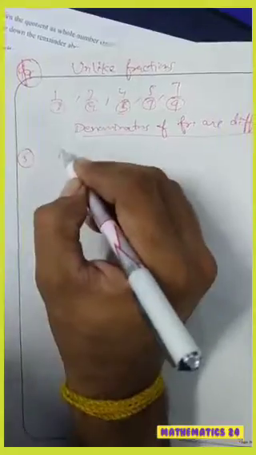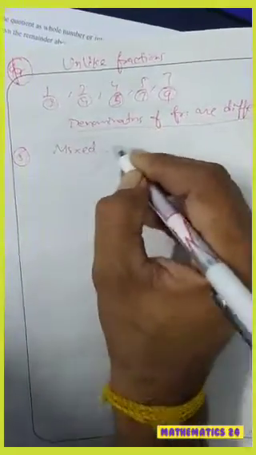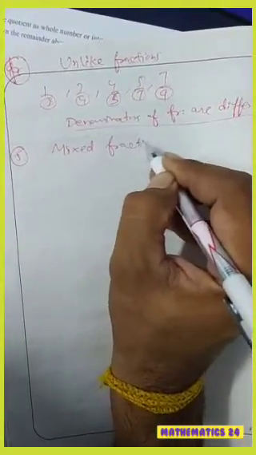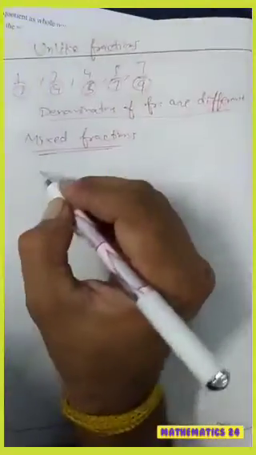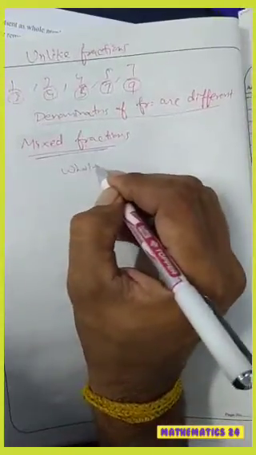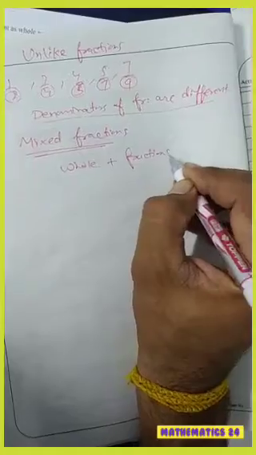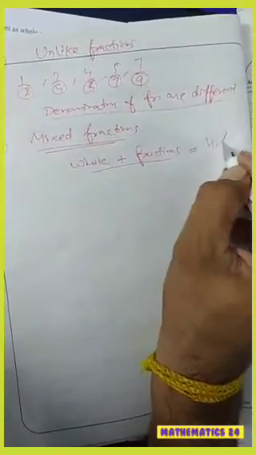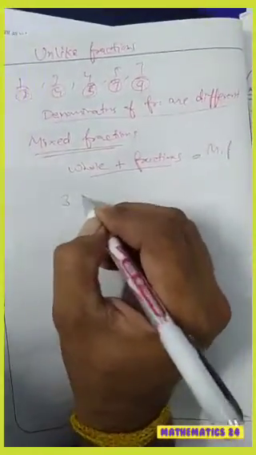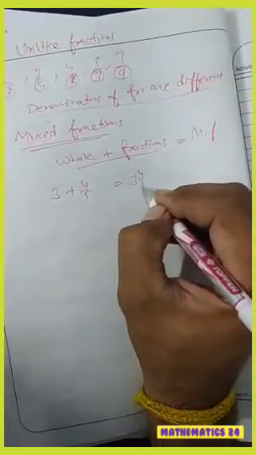The next is mixed fractions. When any whole number is added with a fraction, we get a mixed fraction. For example 3 plus 4 by 5, you will get 3 and 4 by 5.